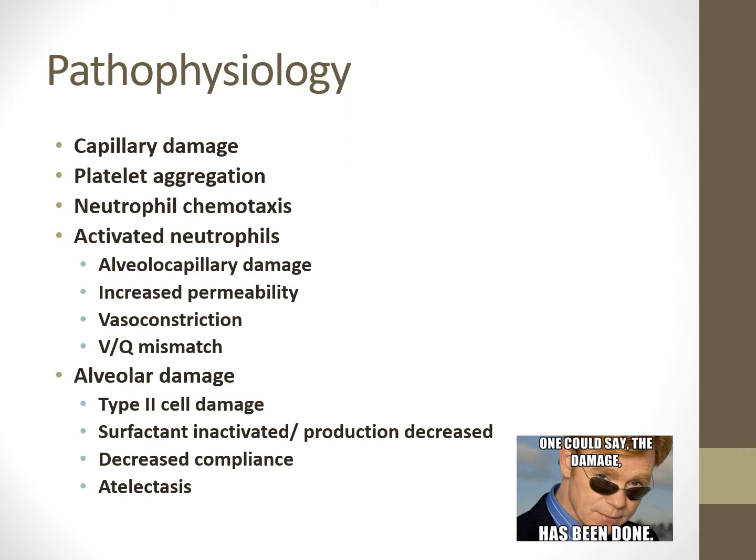So we have activated neutrophils, alveolar capillary damage, increased permeability, vasoconstriction, a VQ mismatch, and then alveolar damage. The type 2 cells get damaged, so surfactant production is decreased, which leads to a further decrease in compliance and atelectasis.